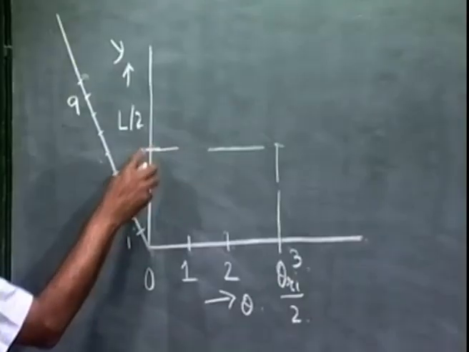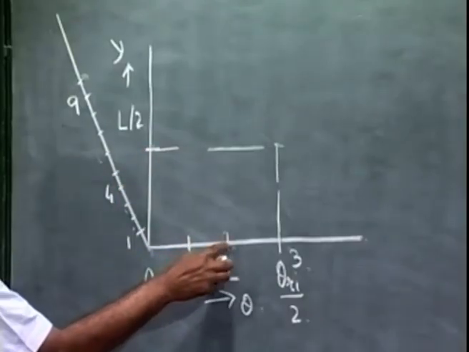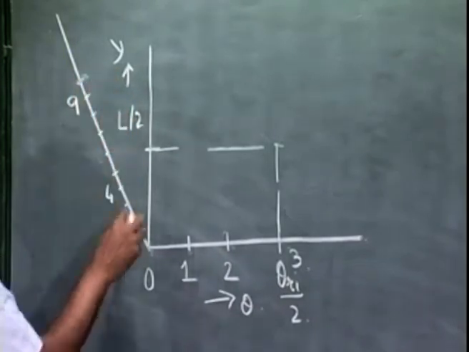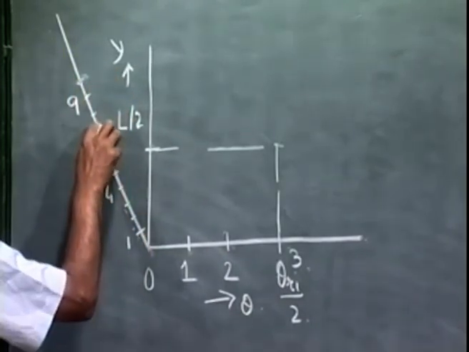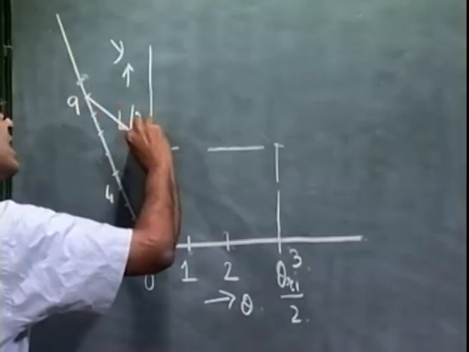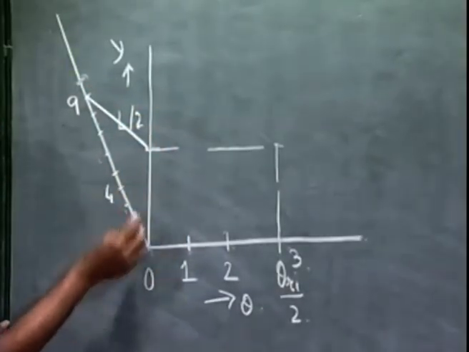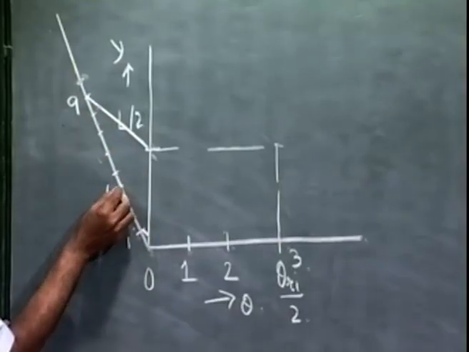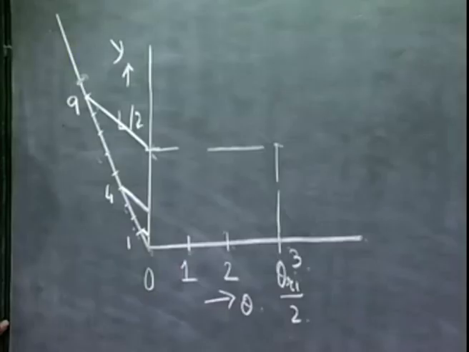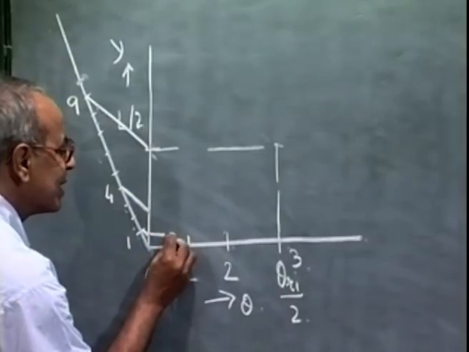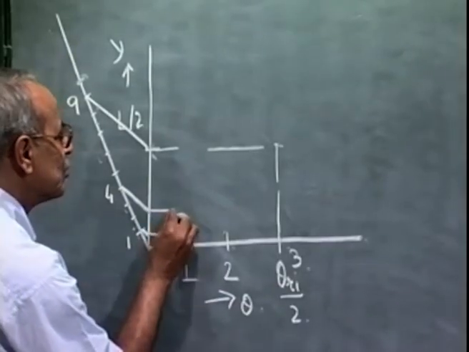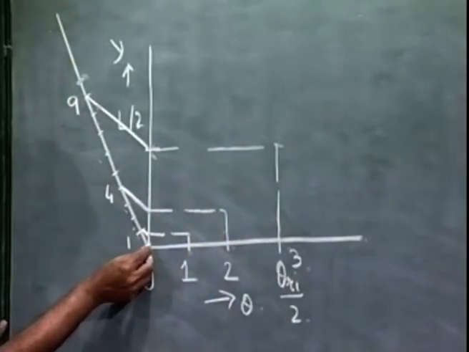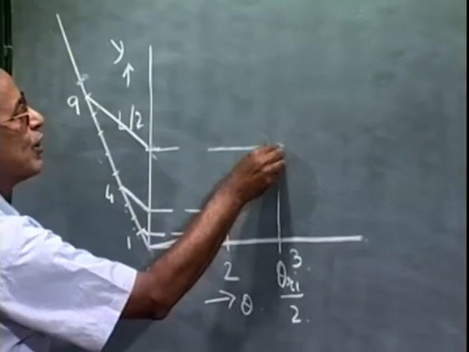This line has to be divided in the ratio of 1 is to 4 is to 9. So this total is 9. I draw a line parallel to this line from here and this line from here. So from here I project, from here I project, and from here I project, and I get the required parabola.